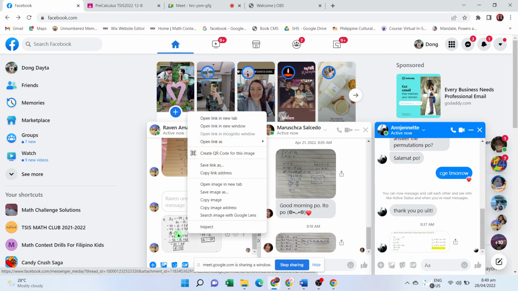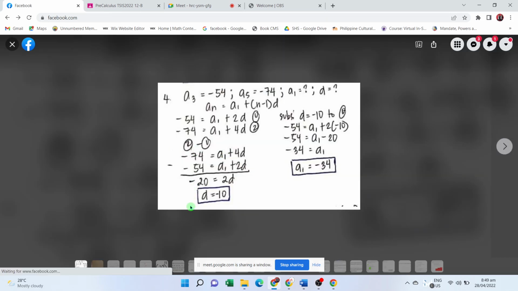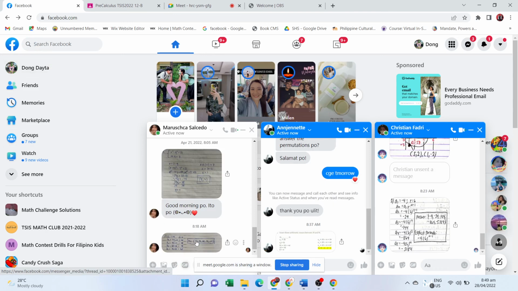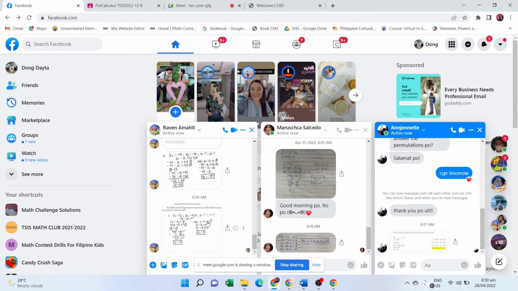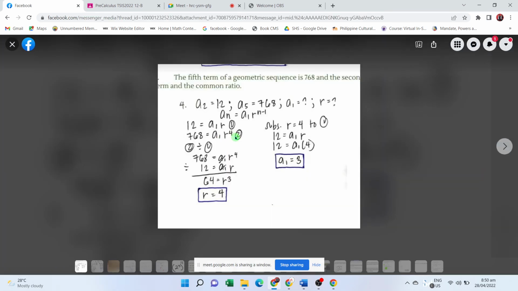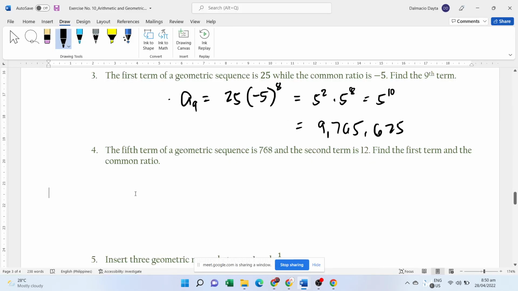Ito na. Ay, ito pa rin yung kanina. Wait lang po, sir. Na-send mo na? Yan. Okay na. Nakuha ko na. Let's see na. This is Raven's answer.